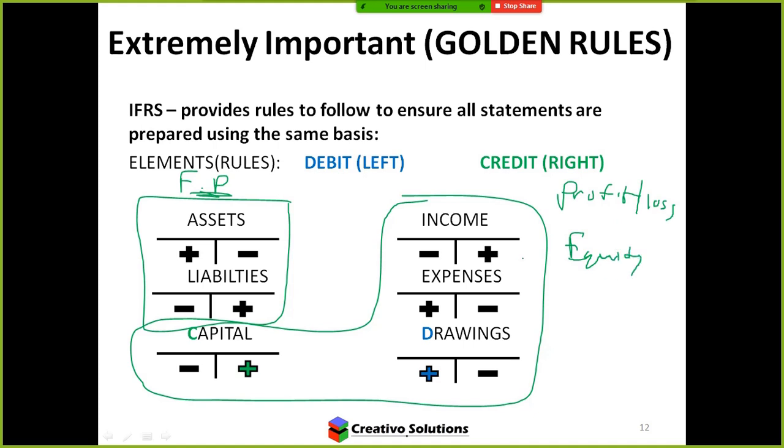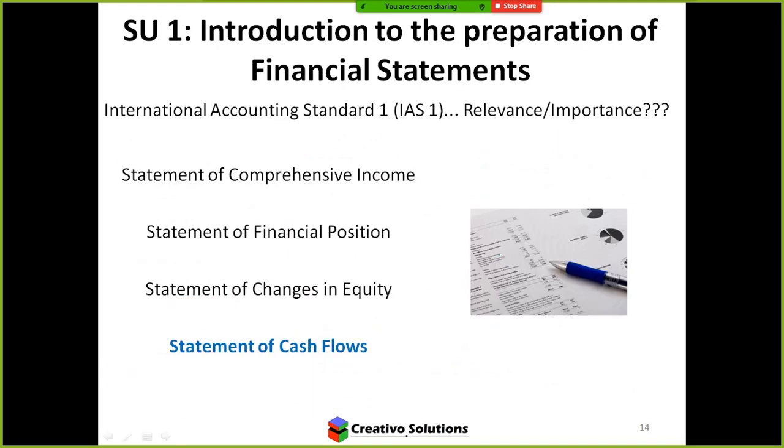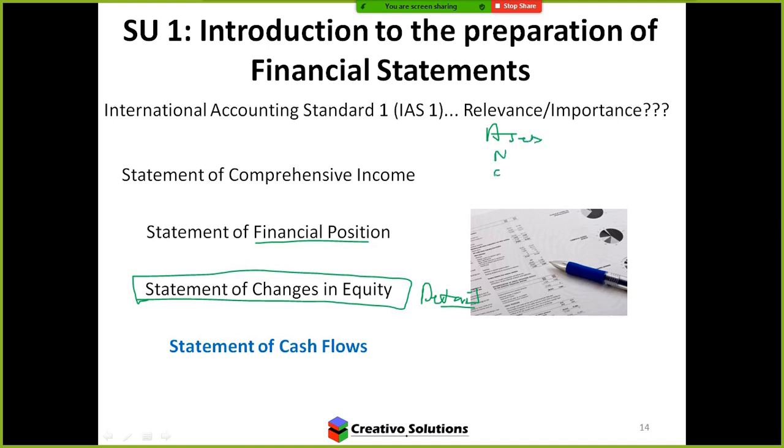I just have a question, but sometimes your financial position does consist of your equity. Yes, because the financial position is summarized. Remember the statement of changes in equity? This statement looks at all the detail. In your statement of financial position, you'll have assets: non-current, current, and then a total. And then you'll have equity and liabilities at the bottom.